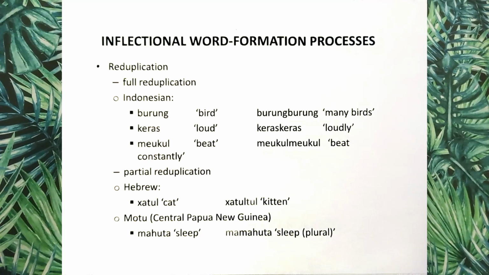So here we are going to partially reduplicate ma of the word mahuta, right? So from mahuta it becomes mamahuta. So the word shape becomes shape, but in plural form. So this is about partial reduplication. So this is reduplication. And let's talk about internal modification or internal change.